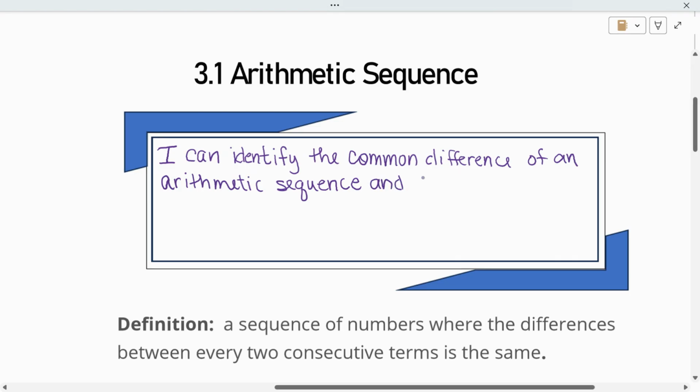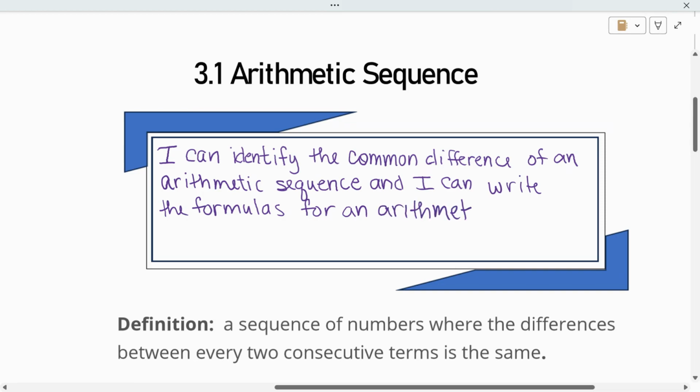and I can write the formulas for an arithmetic sequence both recursively and explicitly.